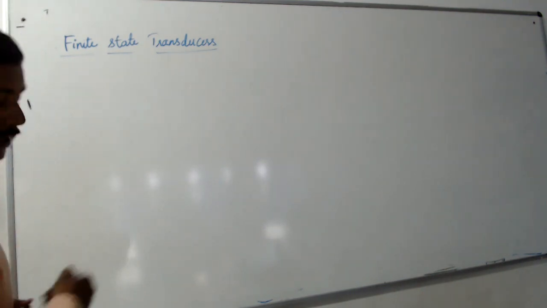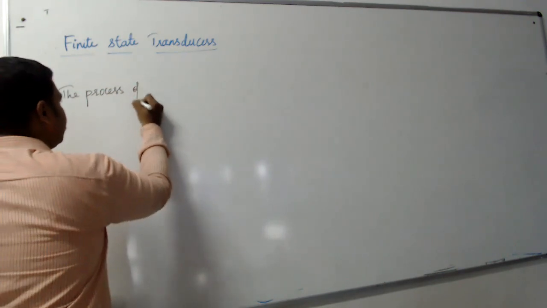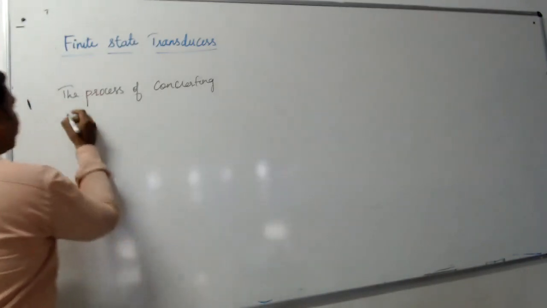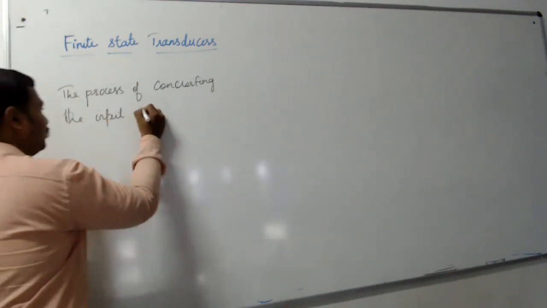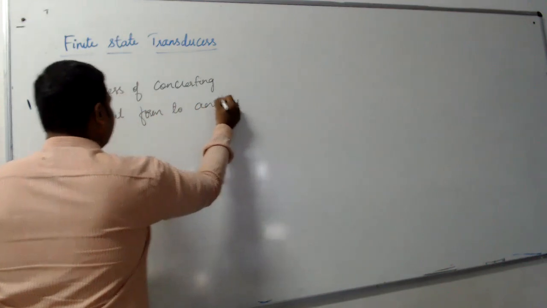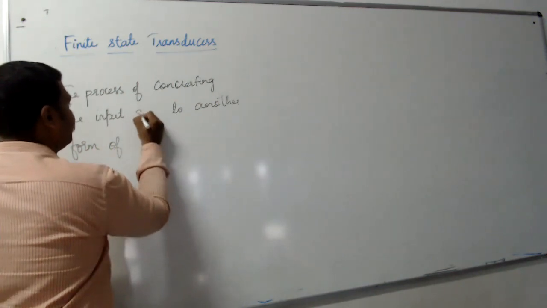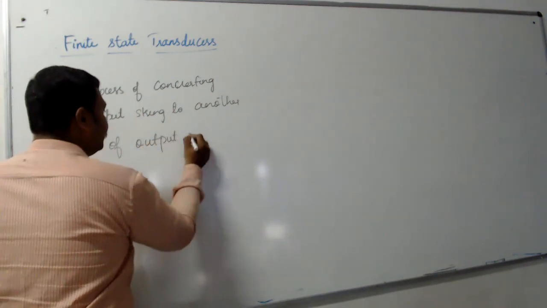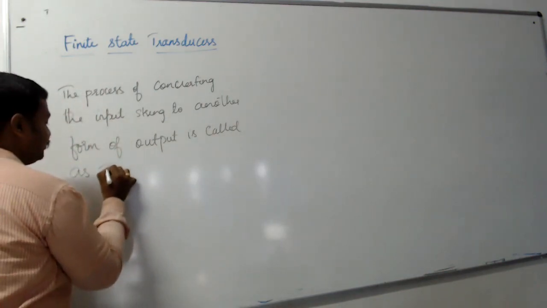So how can we write it? The process of converting the input string from one form to another form of output is called a transducer. Right? This is what transducer means. Transducer means conversion of an input string to another form of output.